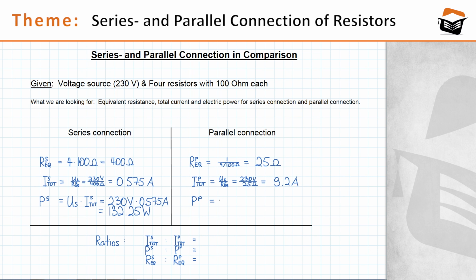Again, the formula is the same as in the series connection, but you plug in the current for the parallel connection, and that is equal to 230 volts times 9.2 amps, which is equal to 2116 watt.